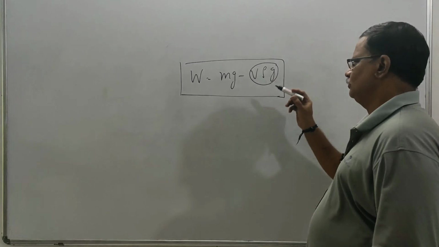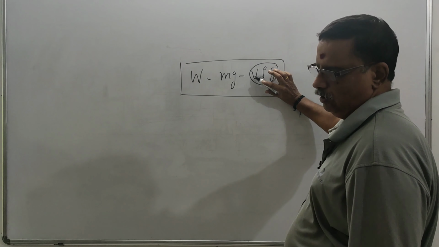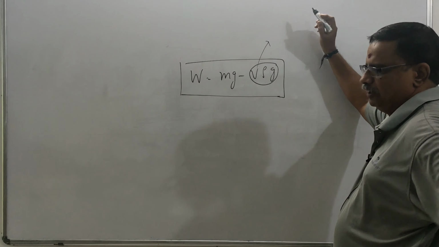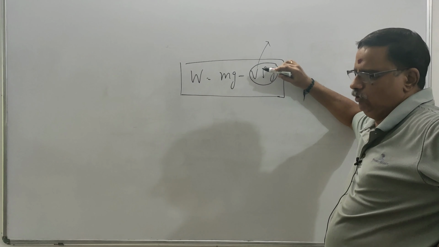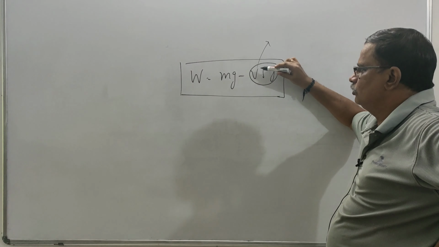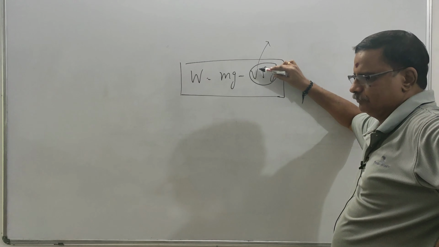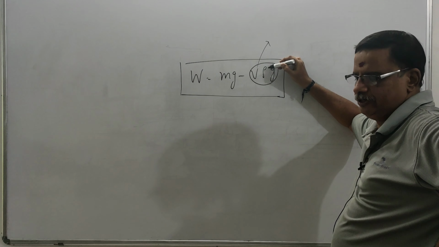So this is actually the volume of the liquid displaced by the body. V is the volume of the liquid displaced by the body. When the body is fully immersed, this will be equal to the volume of the body itself. Then this is the density of the fluid.